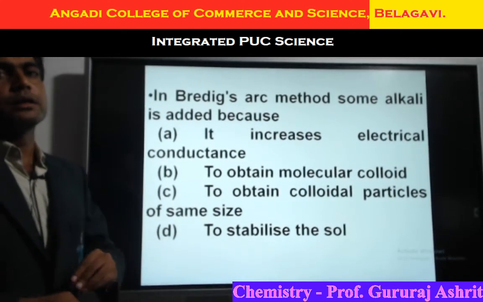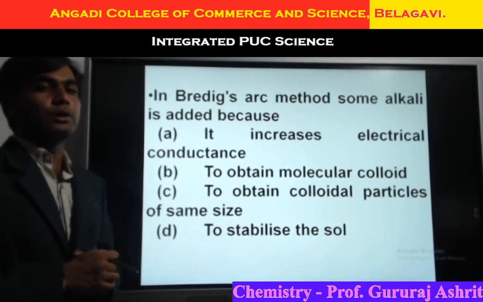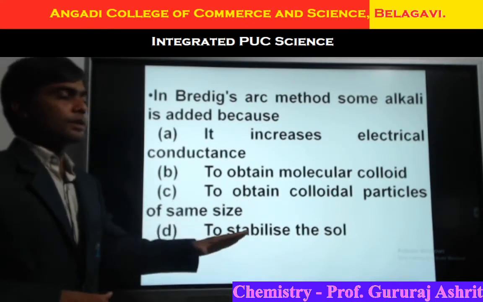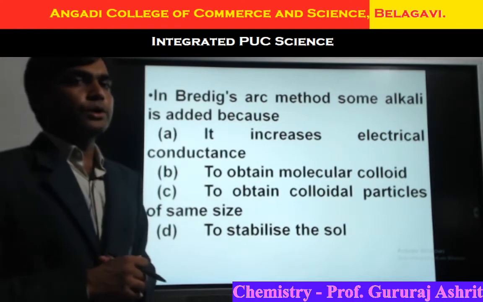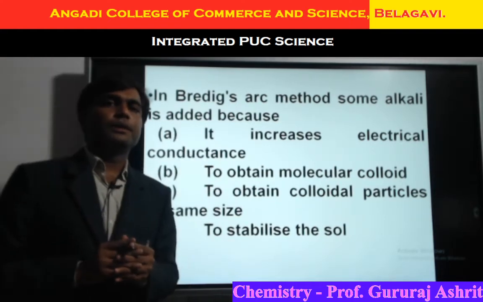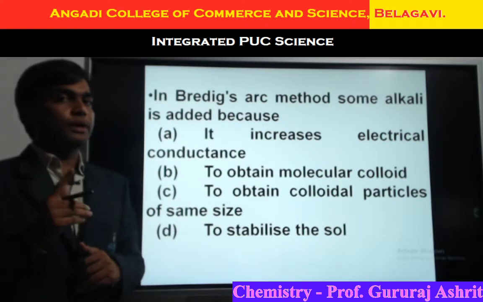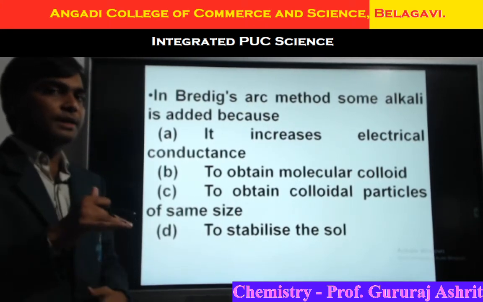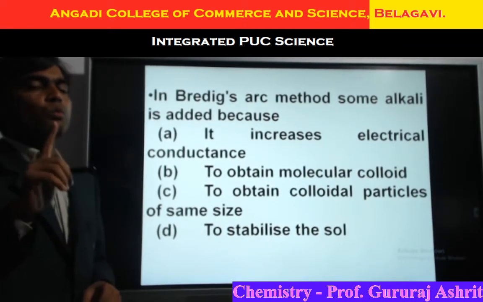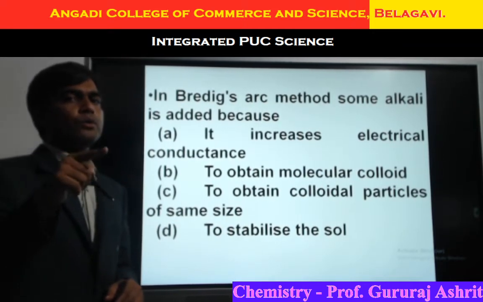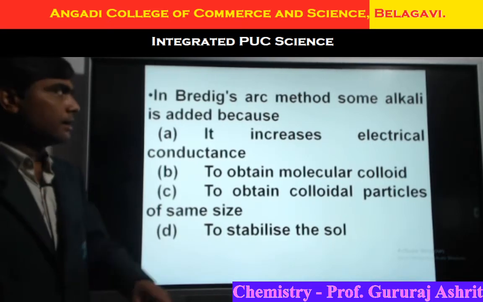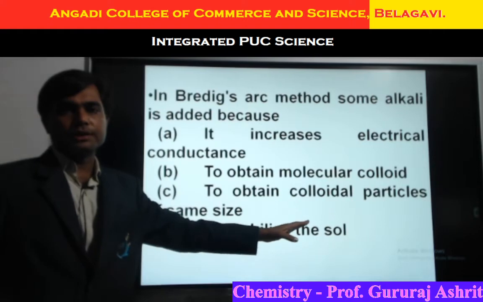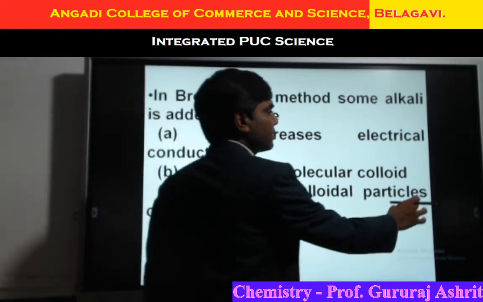Same size particles come under multimolecular, macromolecular colloids, so it is also not the correct option. Last one is to stabilize the sol. Already I told you, in Bredig's electric arc method, we are preparing lyophobic sol, which is the least stable. To keep it stable, we are adding 1% of alkali KOH, that is potassium hydroxide. Hence, why is the alkali added? He asked the question. The answer is the last one, to stabilize the sol.